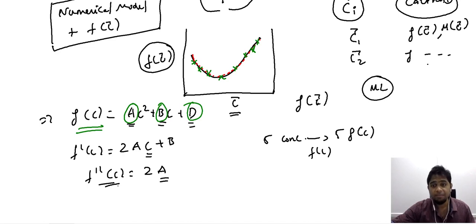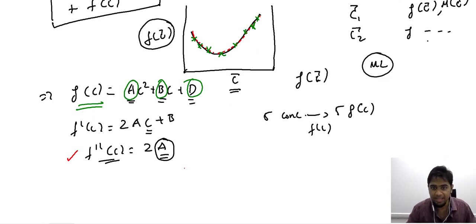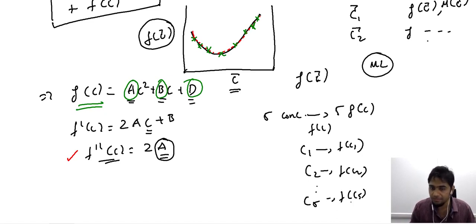If we are able to find the second derivative of this function, then we can find the value for one of the coefficients. Even though we don't know the function, we have the set of data points, that is, we have concentration 1 and the corresponding free energy, concentration 2 and the corresponding free energy, and so on, up to concentration 5 and the corresponding free energy.